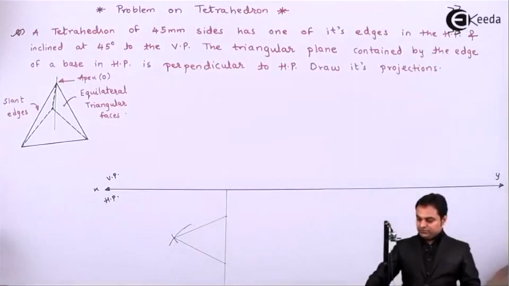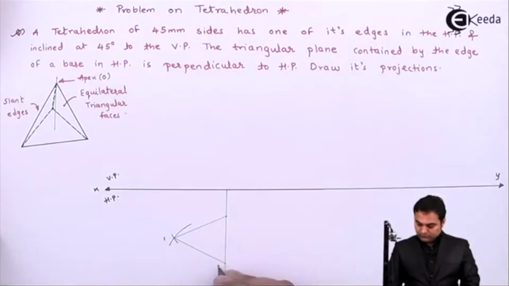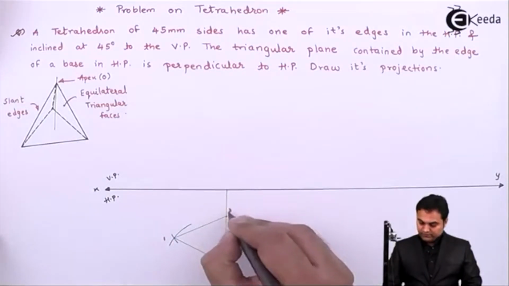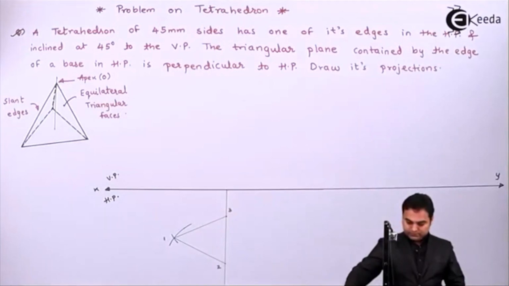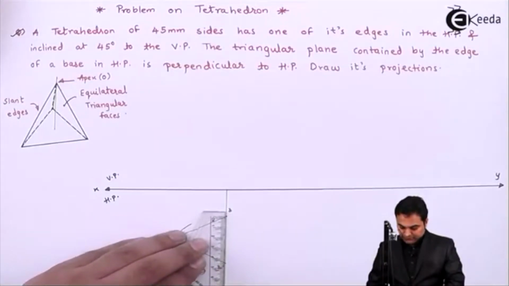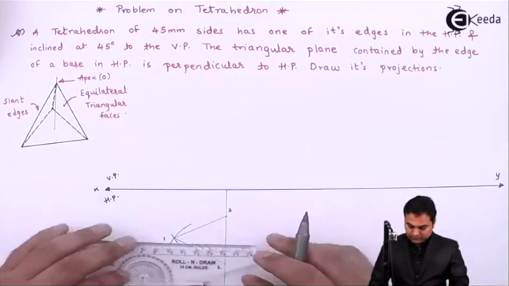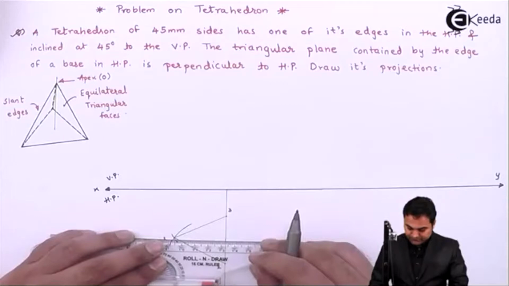I'll give the notations to it. Here is point 1, point 2 and 3. Then I'll mark the midpoint of this side, which is 45 mm side. So the midpoint of it will be at 22.5, connecting it to the opposite corner.